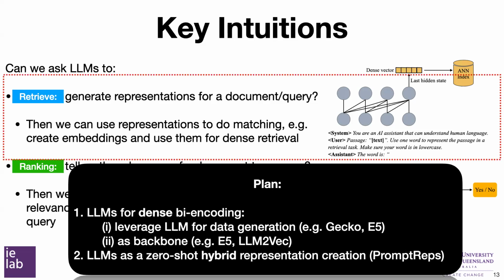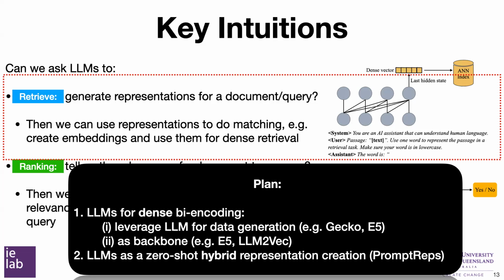So let's first focus and get a bit more into that retrieve aspect. So the plan here is that I'm going to talk about large language models for dense bi-encoding. So you should be familiar with what I mean by dense bi-encoding since yesterday. I will look at leveraging LLMs for data generation to do this dense bi-encoding.